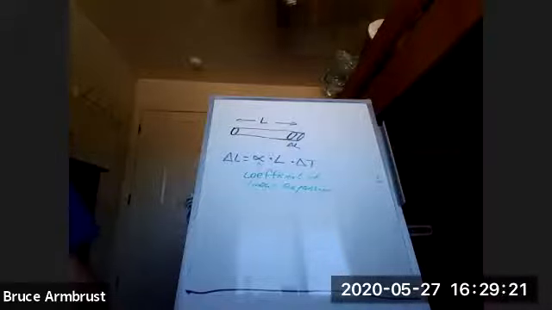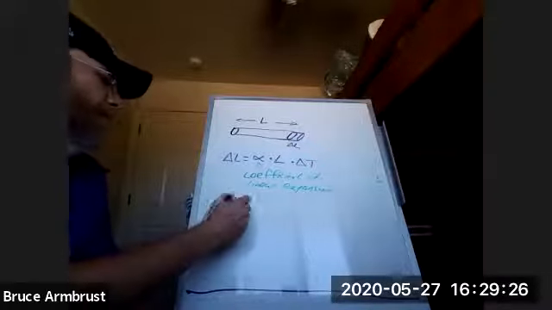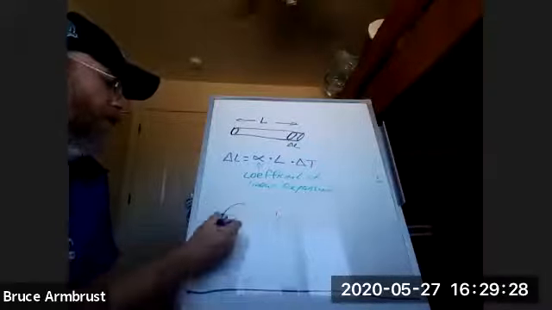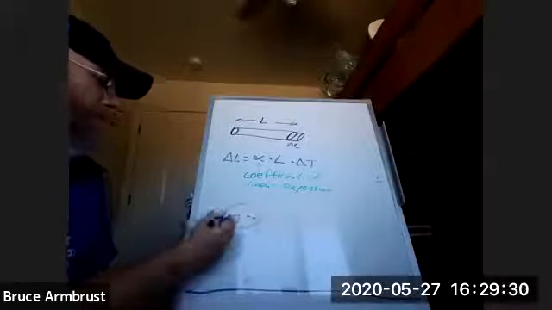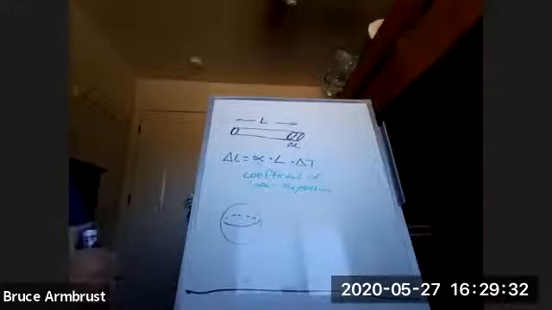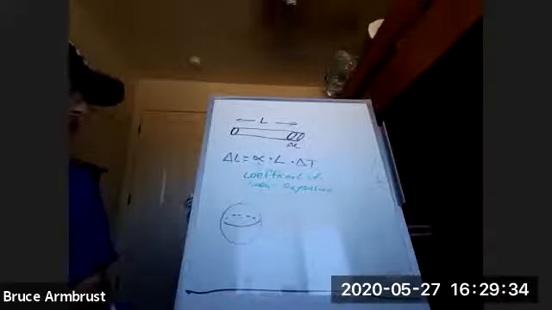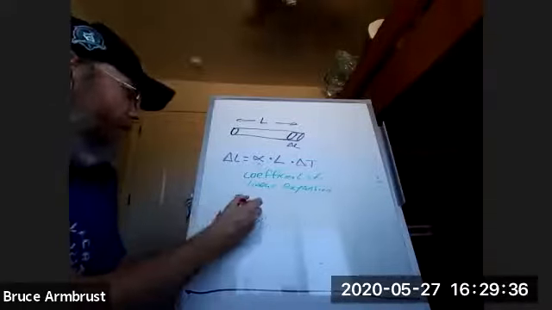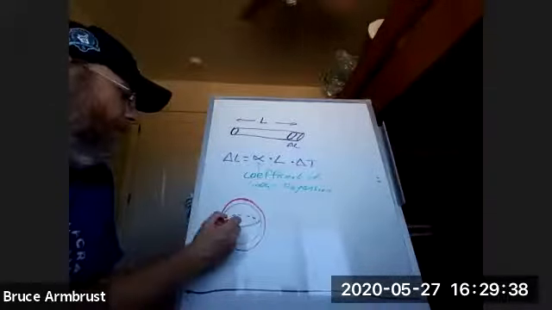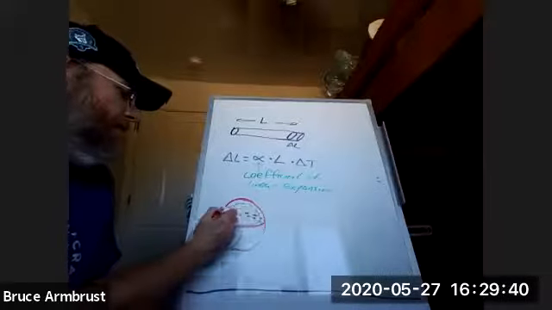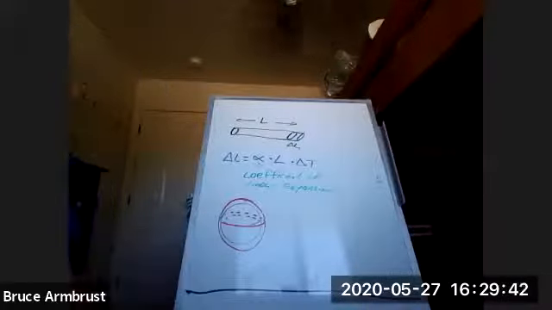Like if we had a sphere, a ball of some sort of metal, and we heat it up, it's going to increase in volume. So we're going to see a bigger sphere as we increase our volume. And so the question then is, how would we figure that one out?